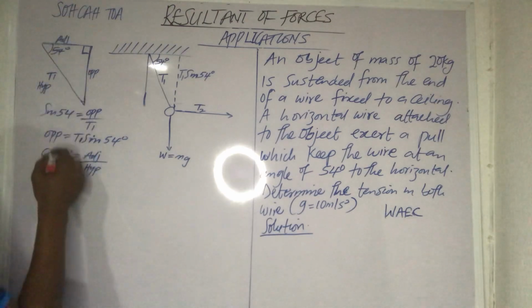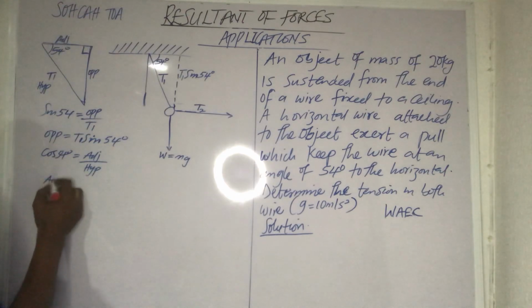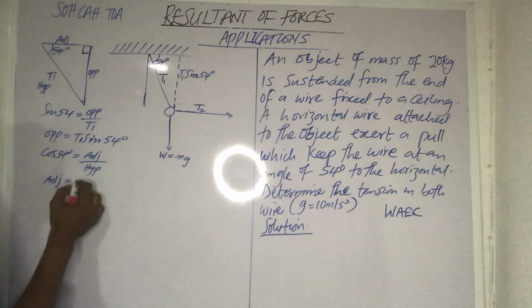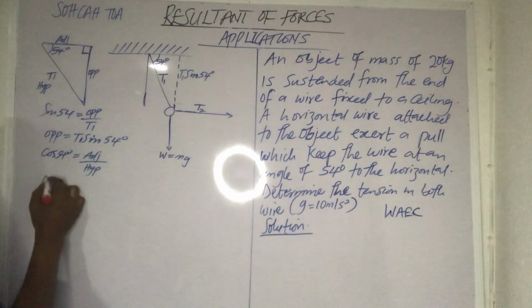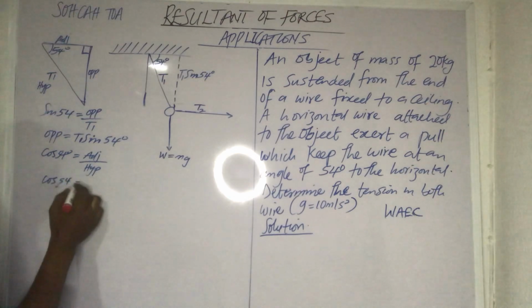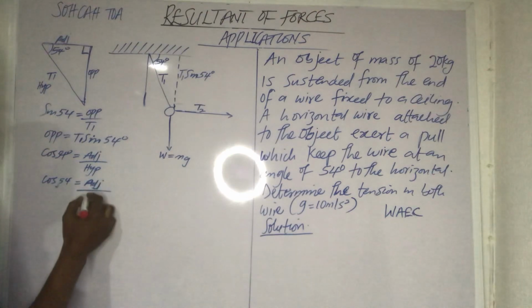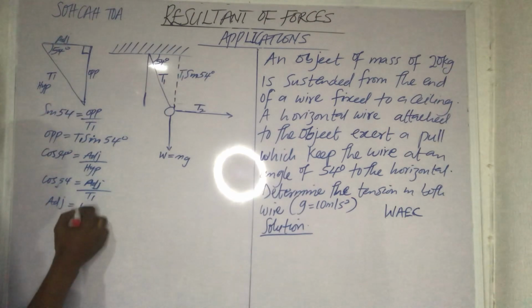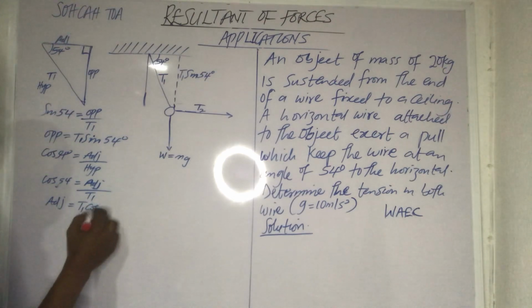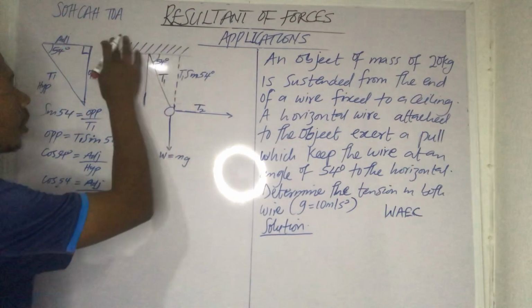Then adjacent will be equal to T1 cos 54. That means my adjacent is T1 cos 54, which is this place.